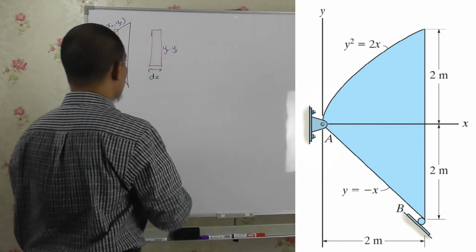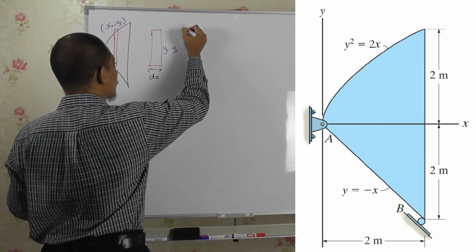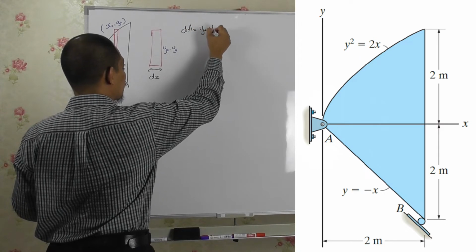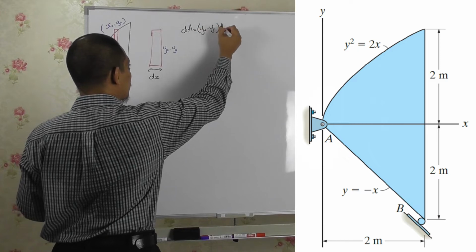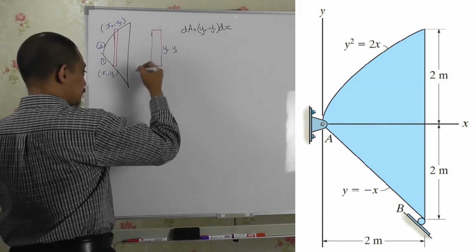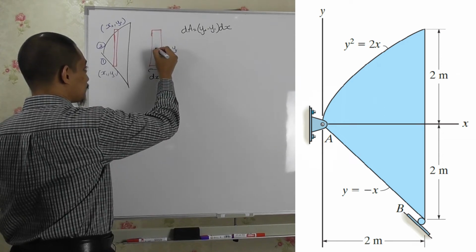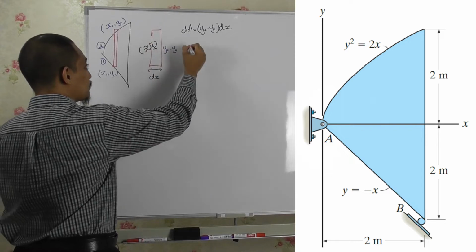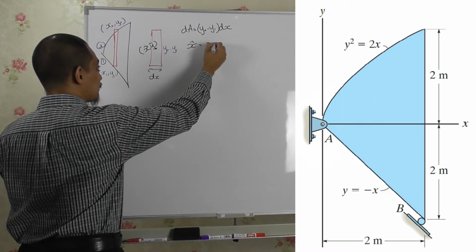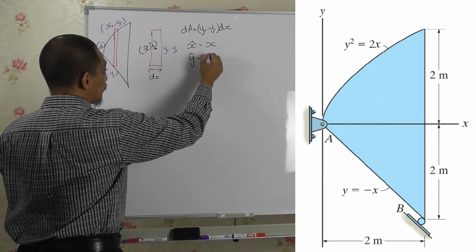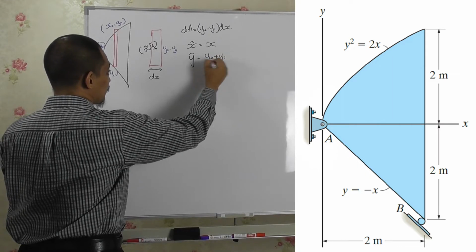Hence dA is y2 minus y1 dx. And for the centroid here, x with tilde is x, and y with tilde is y2 plus y1 over 2.